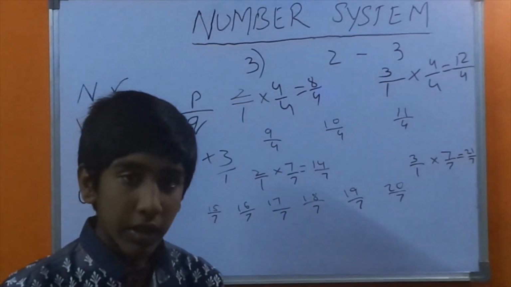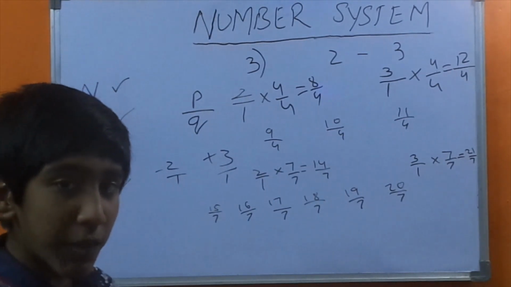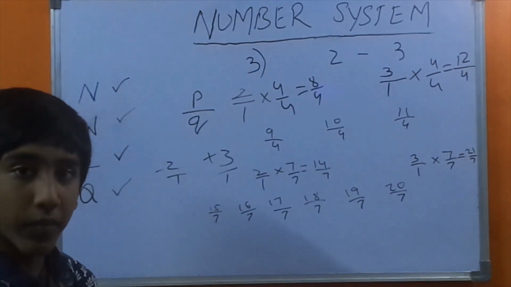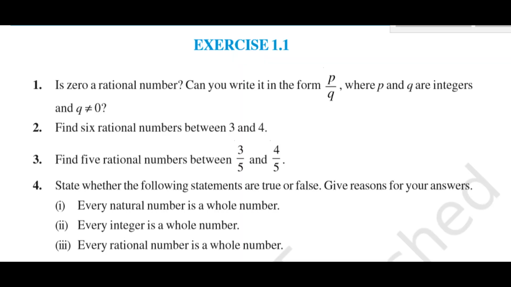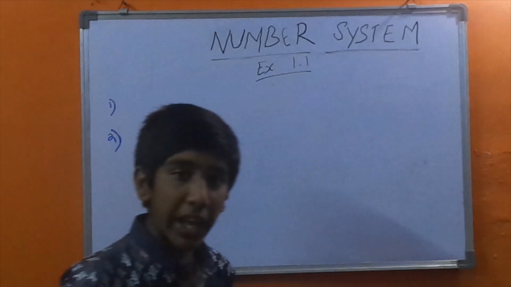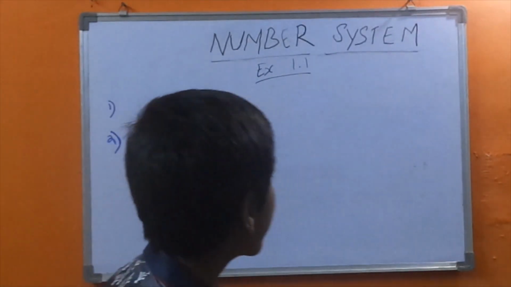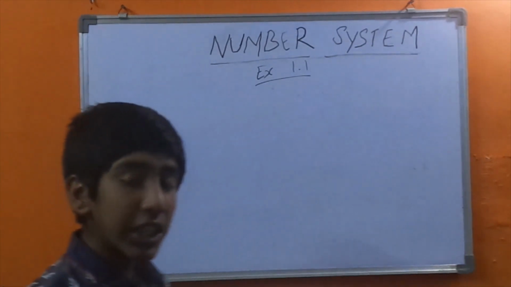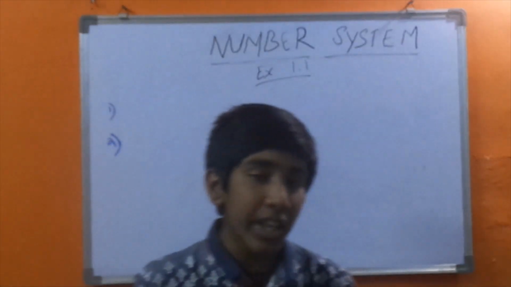Now, we are going to solve the exercise 1.1 of this chapter. In this exercise, the first question is: is 0 a rational number?